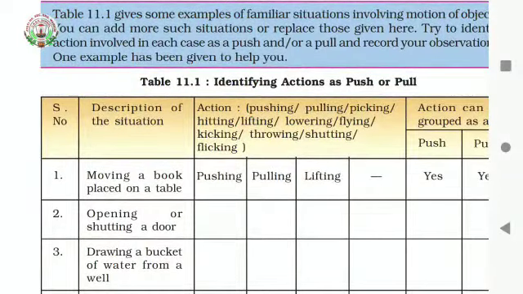You can see one table here. This gives some examples of familiar situations involving motion of an object. If you want, you can add some more such situations or replace those given here, and try to identify the action involved in each case as a push and or a pull, and record your observations.